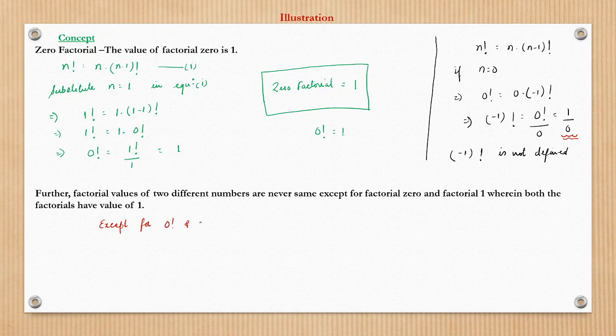Because except for 0 factorial and 1 factorial, all other numbers have different factorial value.